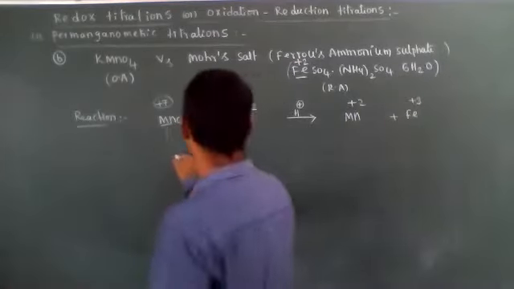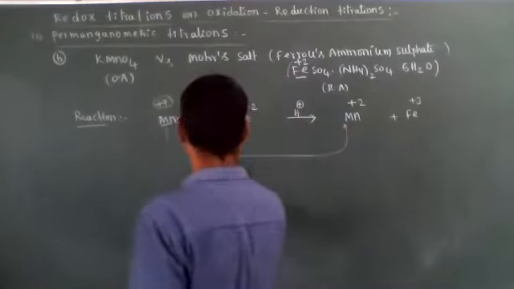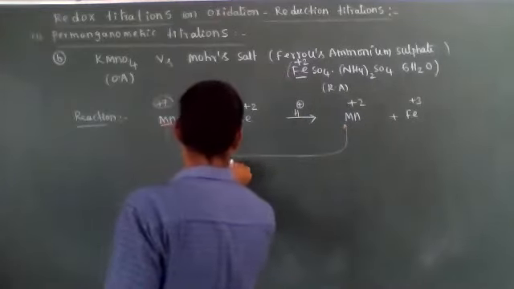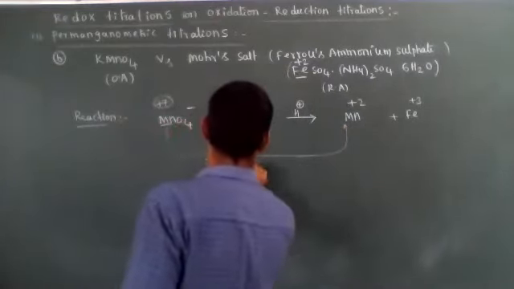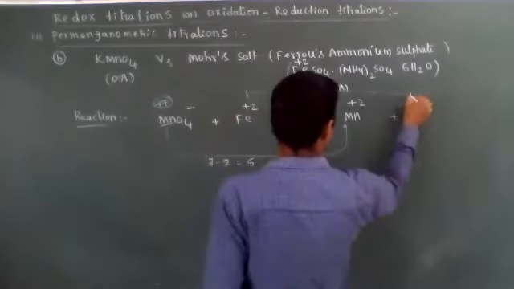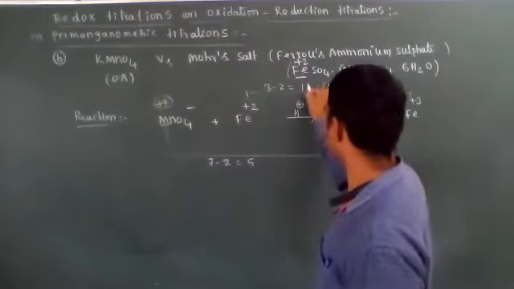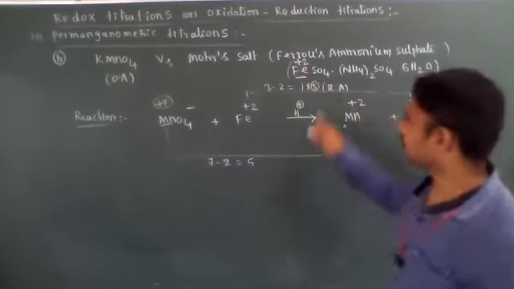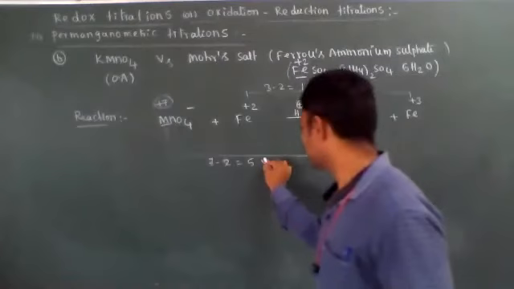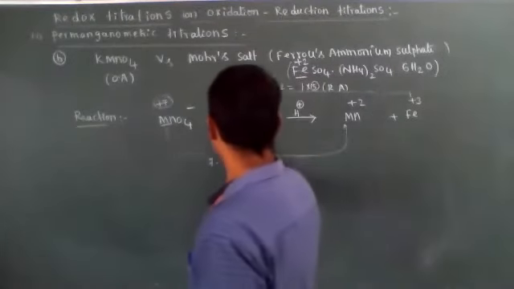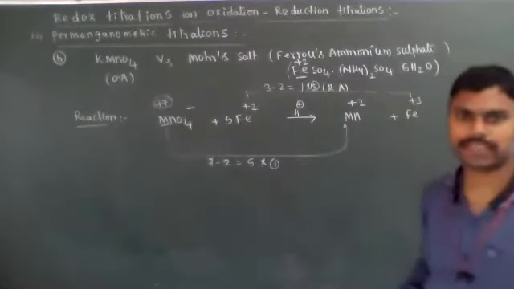The oxidation state difference is how much? 7 minus 2 is equal to 5. For iron, the oxidation number difference is 3 minus 2 is equal to 1. That's why the above equation we need to multiply with 5 and this with 1. Means 5 moles of Fe+2.